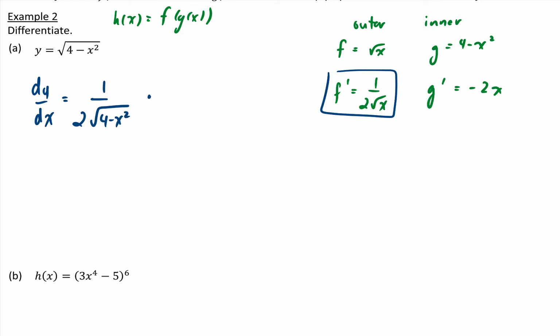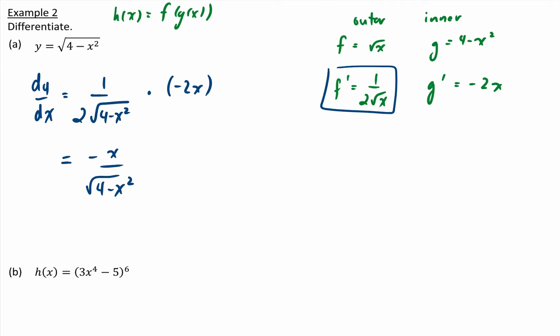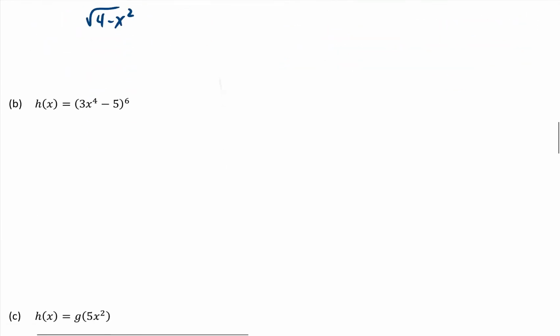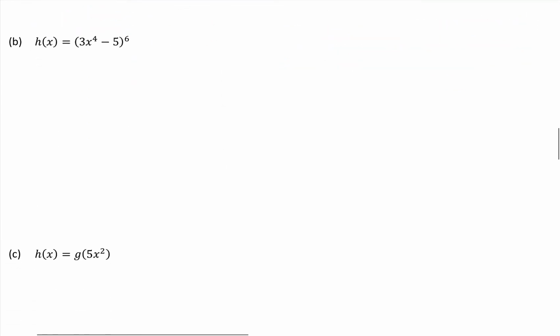Then times the derivative of the inner function, 4 minus x squared, which is -2x. We can simplify this and we get -x over the root of 4 minus x squared. And we're done. With more practice, you won't need to include any of this information here. So let's go to the next one.